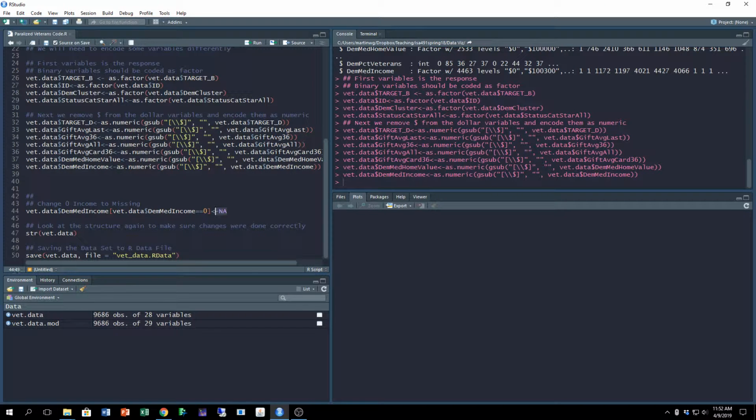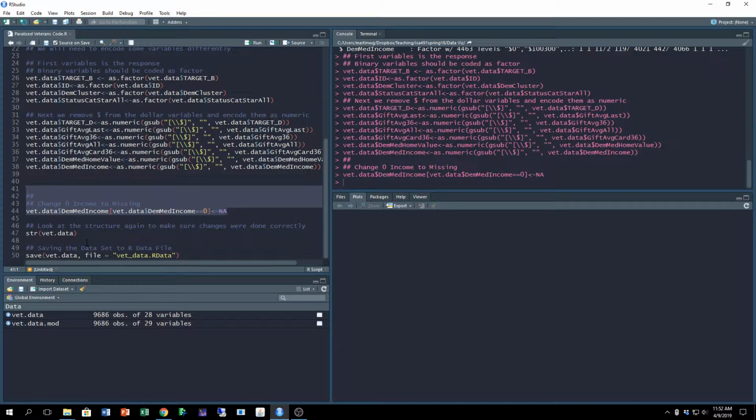We also analyzed the variable income and found there were many zeros in there, and we thought it was more appropriate to have those zeros be changed to missing values, as they did not really mean that the donors had zero income, but basically they did not want to report their income. So that's what we did at that time, and that's where we are going to start off.